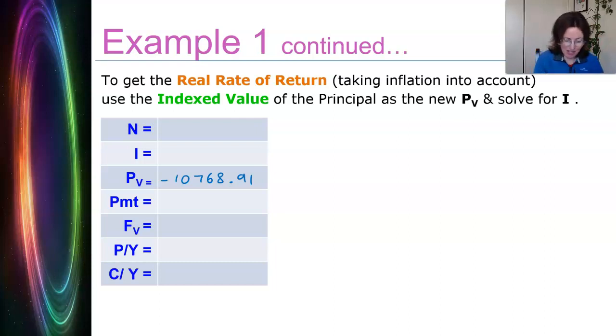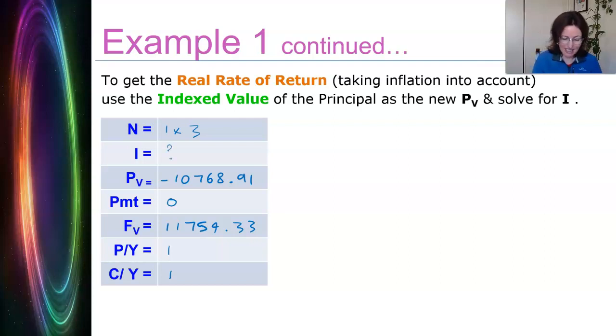So the actual future amount here is $11,754.33. Now this is where it's unique. The PY and the CY, we're making 1, and technically n is 1 multiplied by the number of years, but you could really just keep that as the number of years, 3 there. Payments are 0, and we're solving for I.